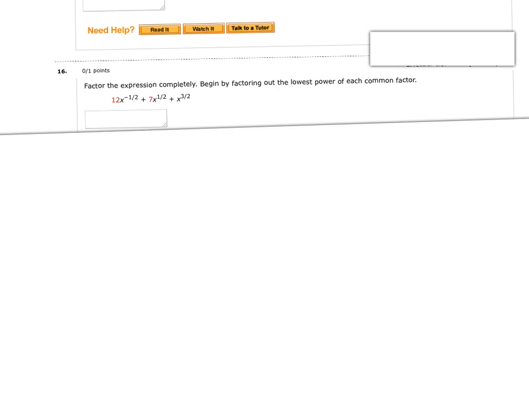All right, next up here, we're going to do some more factoring. So it says begin by factoring out the lowest power of each common factor. So we're going to take out the smallest exponent here, which is the negative 1/2 power. And then that'll leave this first term as 12. And then plus 7, and this one will have a power. And so what I always think of for the exponents is what I had minus what I took out.